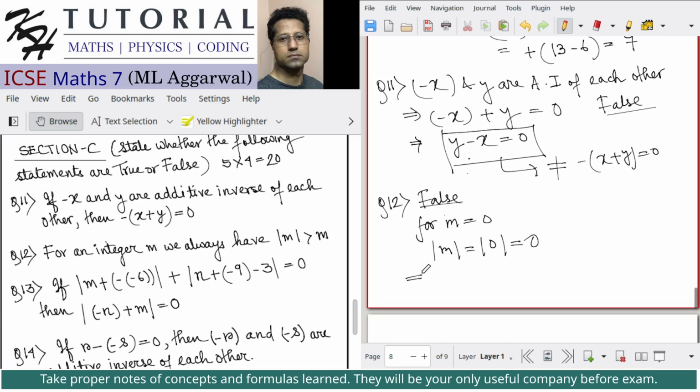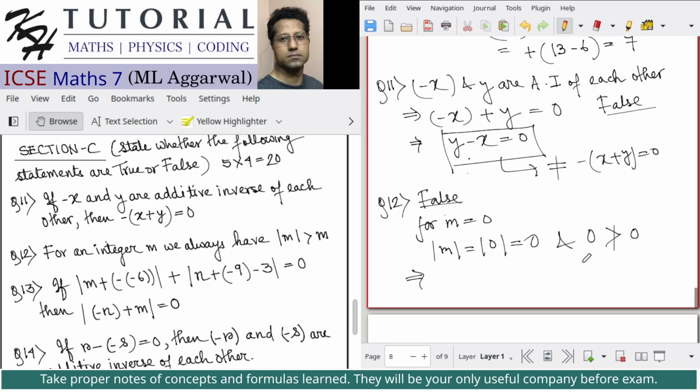And 0 is not greater than 0. Any integer is never greater than itself. For m equal to 0, the absolute value of m and m are both 0, so this statement is false.